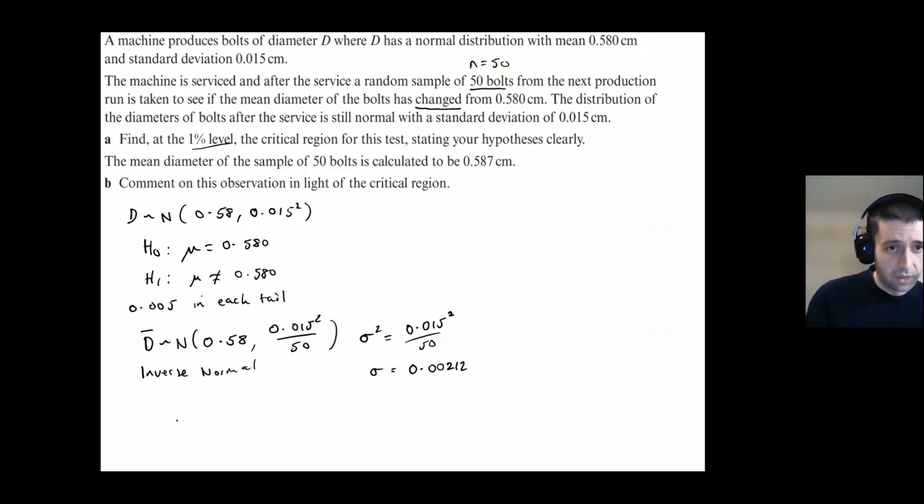The value that it's given me is 0.5745. That's at the lower end. And if I come back out of that, I'm now going to change it to 1 minus 0.005, so 0.995, to give me the value at the upper end, which is 0.5855.